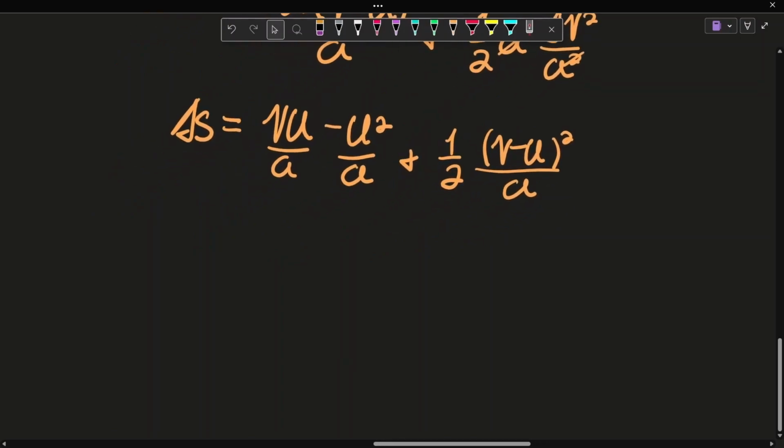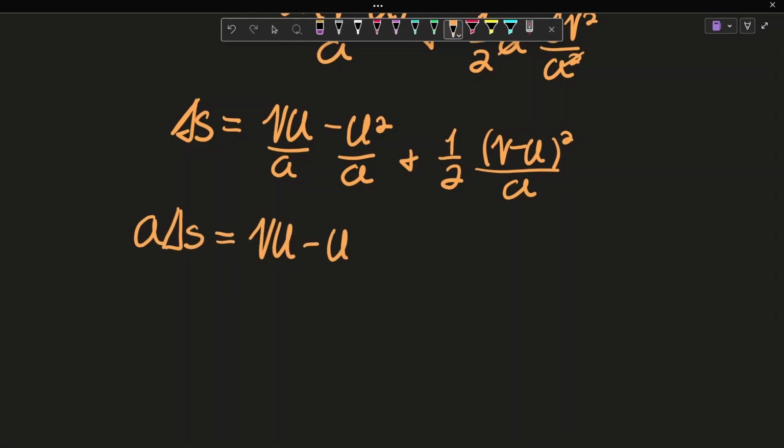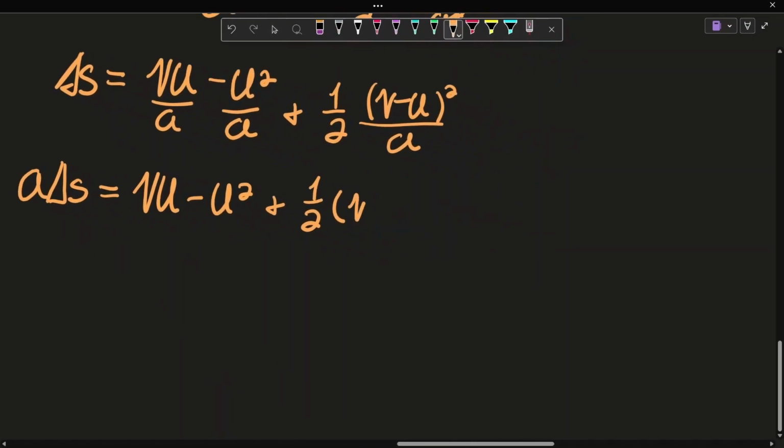We can multiply the entire thing by a. We get a change in s is equal to vu minus u squared plus 1/2, and we expand this quadratic, we get v squared plus u squared minus 2vu.